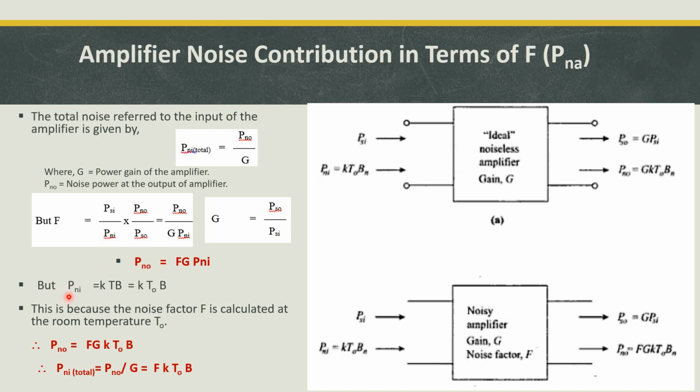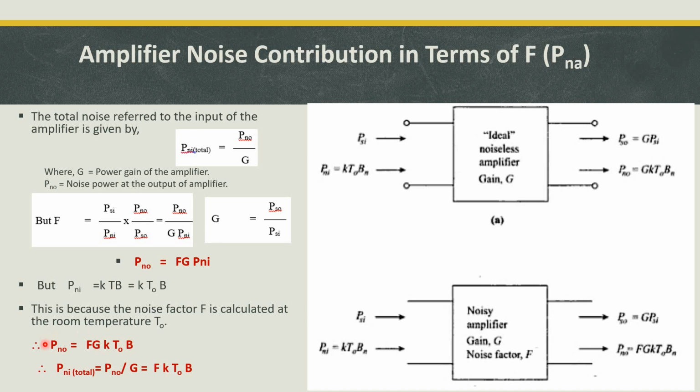You know the general formula: the input noise PNI is equal to KTB or KT0B, where T0 represents room temperature. Now we are going to rewrite PN0 is equal to FG KTB, replacing PNI using this formula.